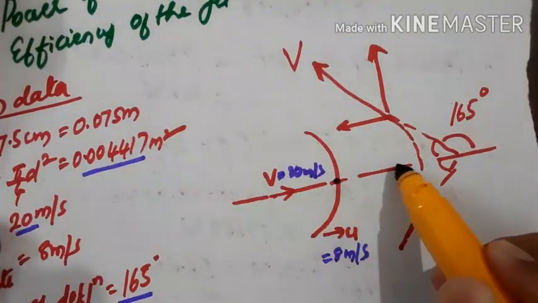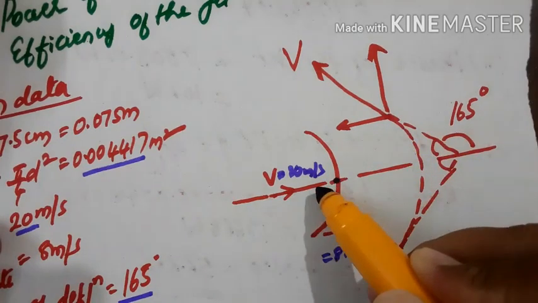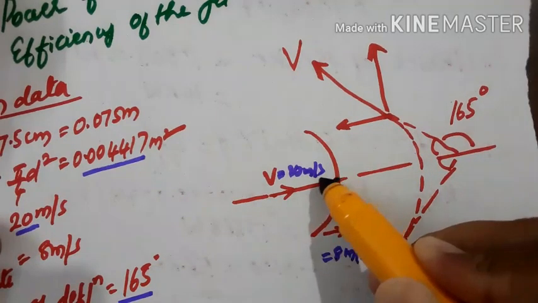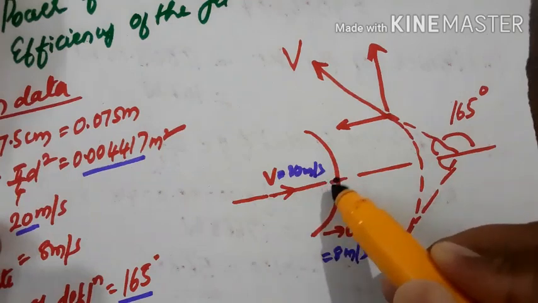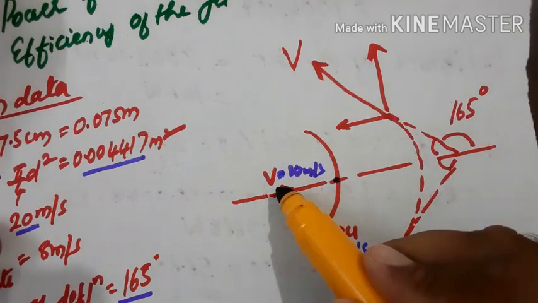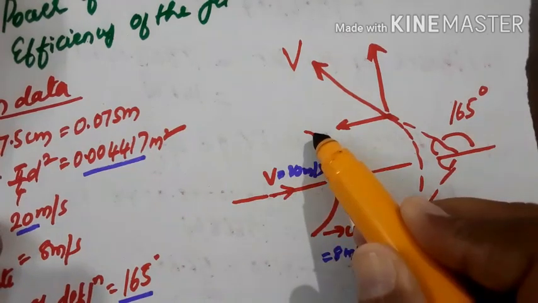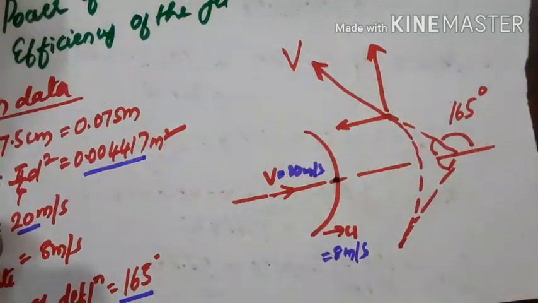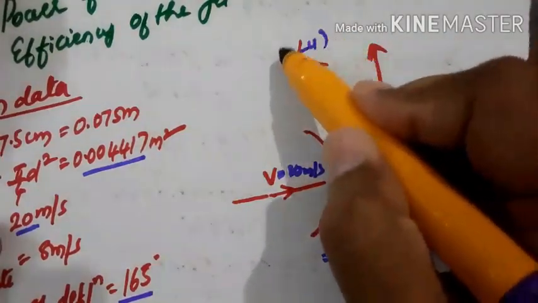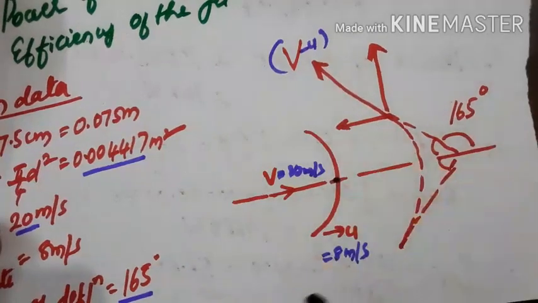And then this vane starts moving, and after hitting, the velocity will become the relative velocity, because both are moving. The plate is also moving and the jet is also moving, and the jet will be striking with a relative velocity, and this will be v minus u.